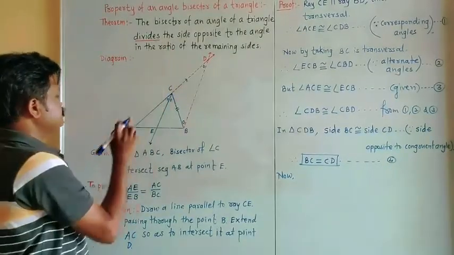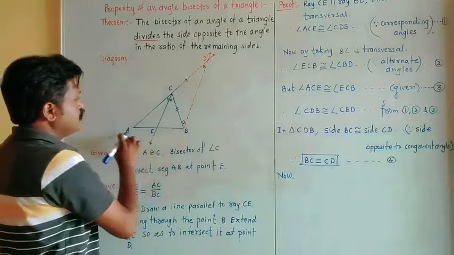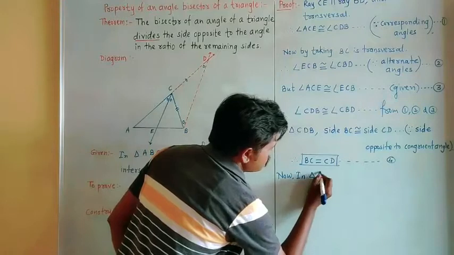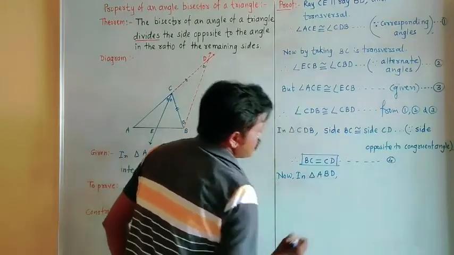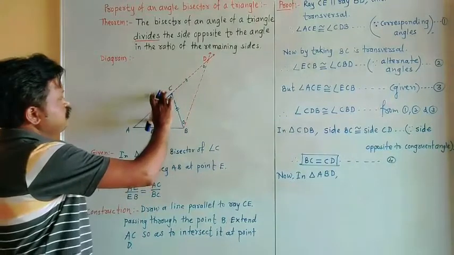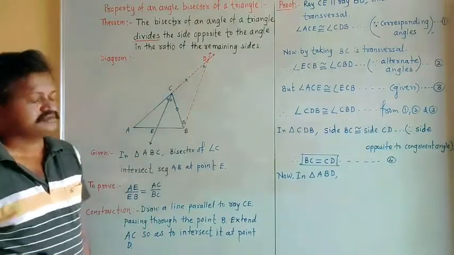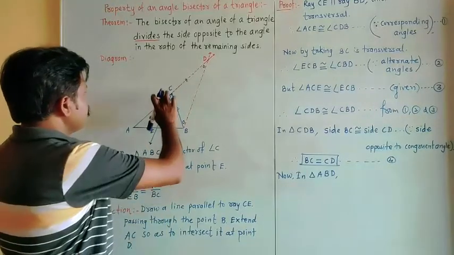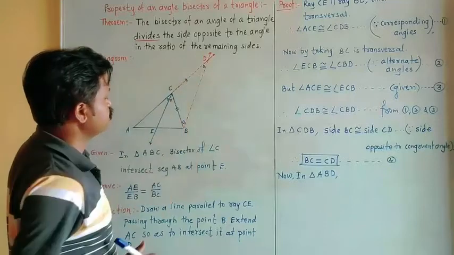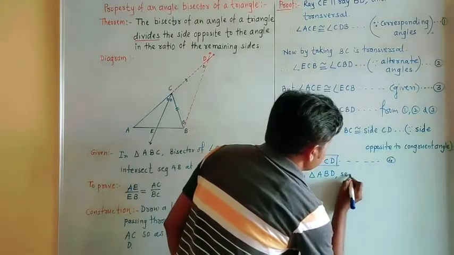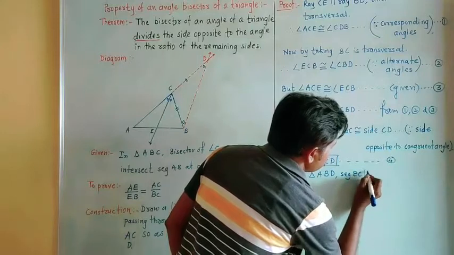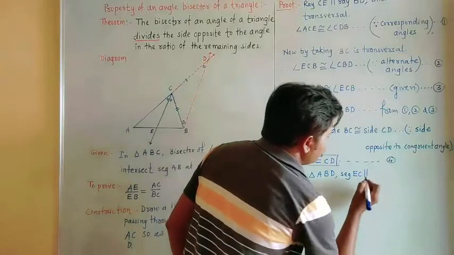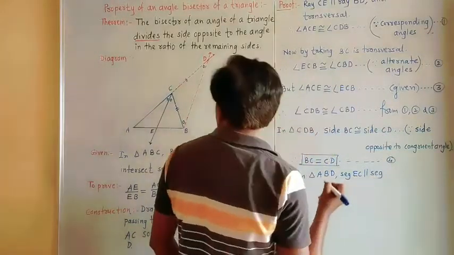In triangle ADB, segment EC is parallel to segment BD. So I write here: segment EC is parallel to segment BD.